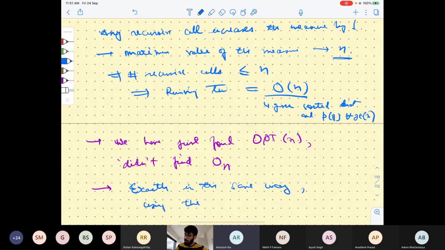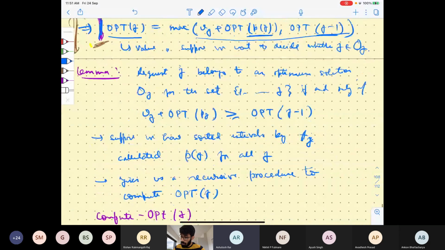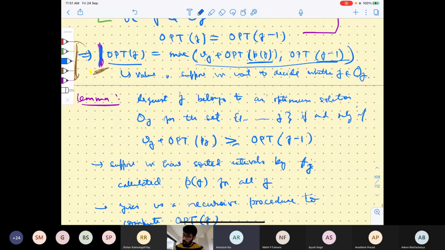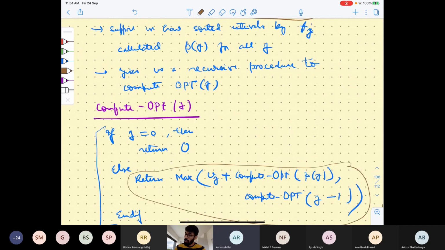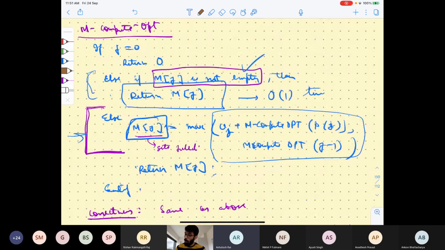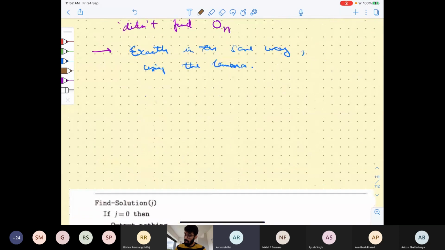The lemma said that we can decide for an OJ, request j belongs to the solution if this happens: if Vj plus opt of pj is at least opt of j minus 1. So now we have already filled this opt M[j] array.